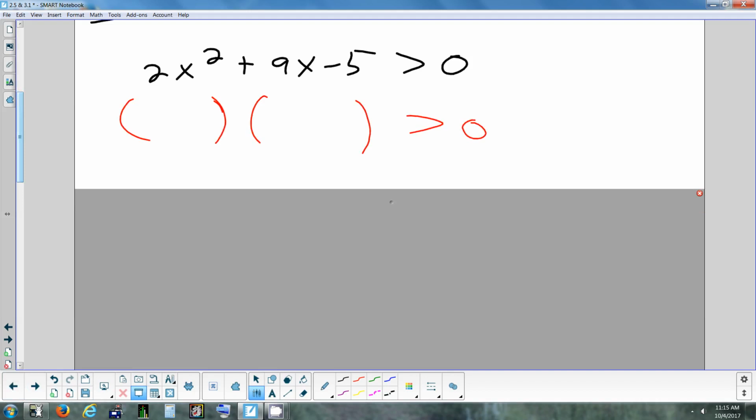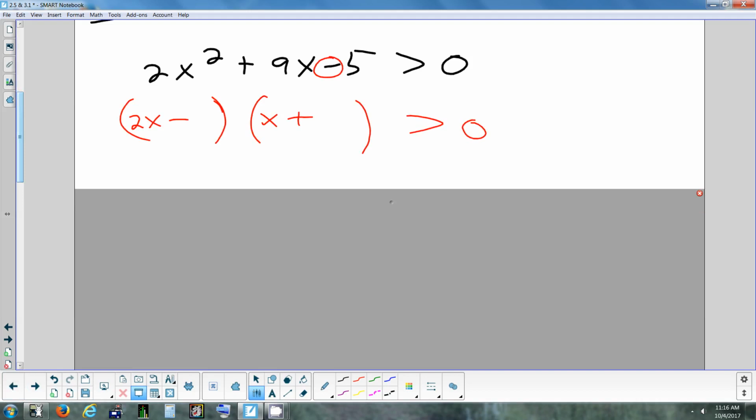What would have to be my first term in each set of parentheses? An x and a 2x. What about my signs? Both positive, both negative, one of each? One of each. Anytime your constant is negative, you need one of each. I would probably try it like this, and if that doesn't work, you could always try switching it.